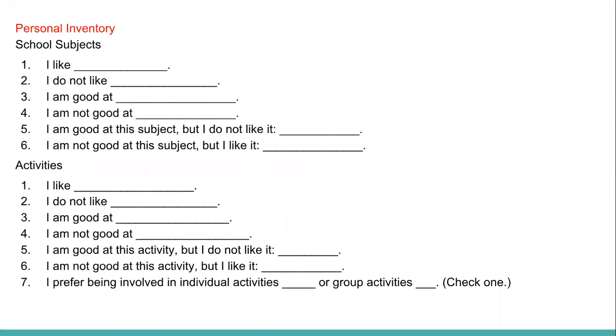So let's say I said that I am not good at science, that science is a hard subject for me. It doesn't come easy. But one of my long-term goals is to become an engineer. Well, I can talk about, for question three, how does it affect my goal, is that I want to become an engineer. To become an engineer, I'm going to need to take a lot of science courses, and I feel like I'm not very good in my science courses.